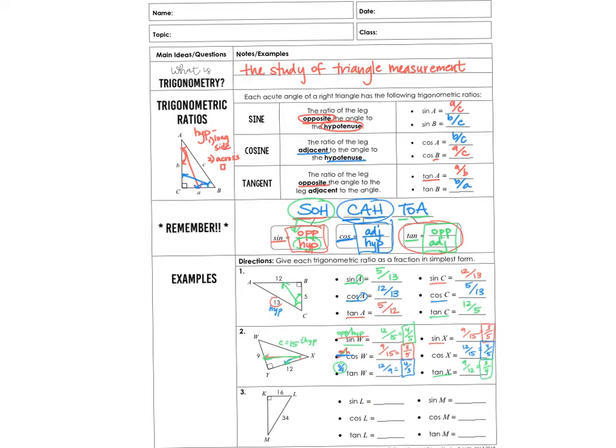Hopefully you're catching on to this. We're going to do one more. This one didn't give us one of the side lengths.